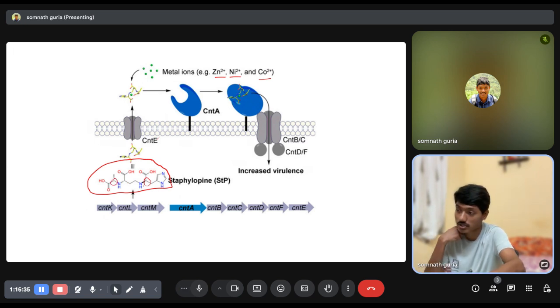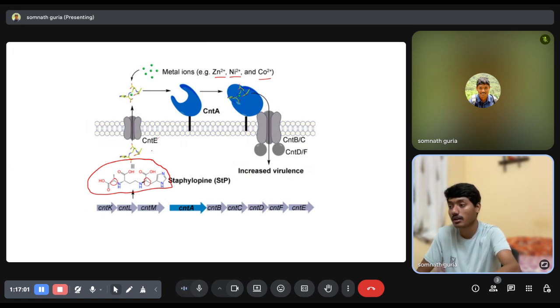This amino acid unit has a specific structure, and these are also specific for this particular cephalopin ligand environment. When it is recognized over there, it can go through that channel, and then it releases the metal ions inside the cell. Again it comes back, and the cycle happens repetitively.